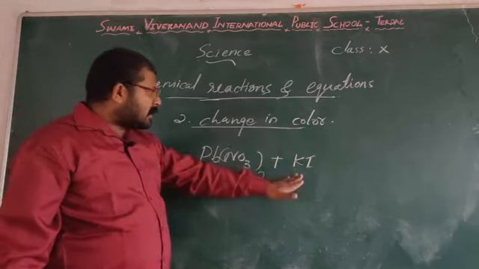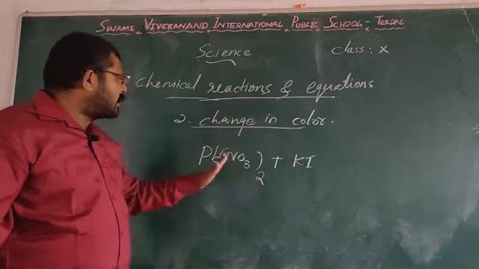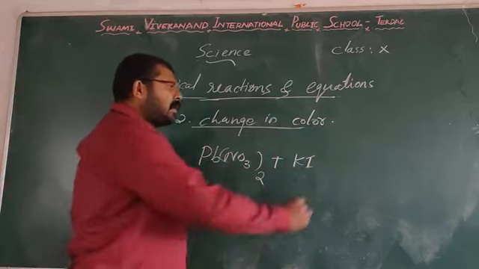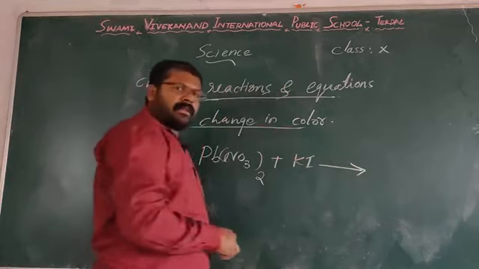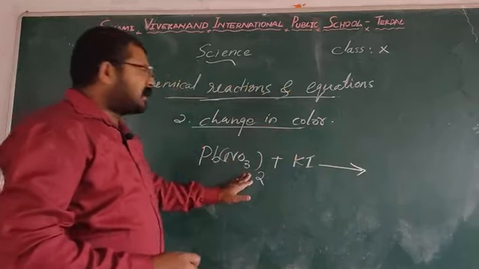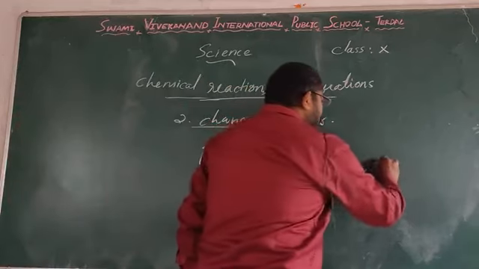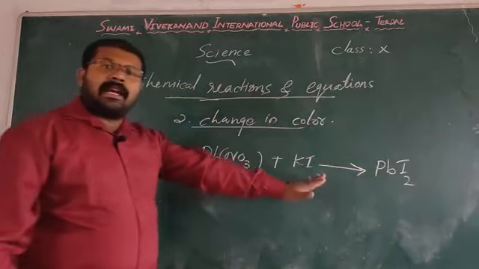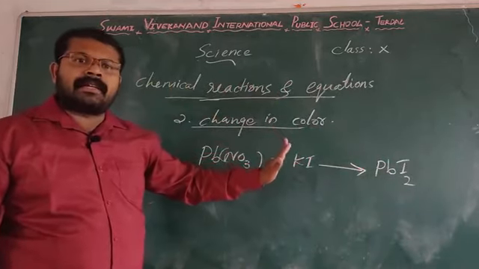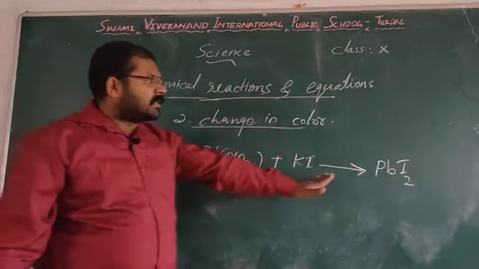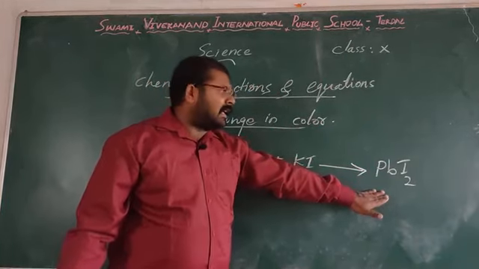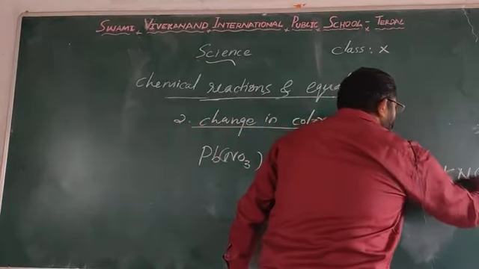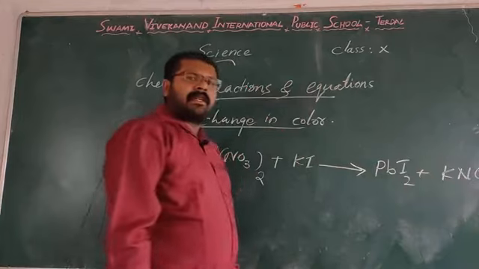So in the reaction of two colorless compounds, lead nitrate with potassium iodide, you get new substances: lead iodide, PbI2, which is yellowish in color, along with KNO3, potassium nitrate.